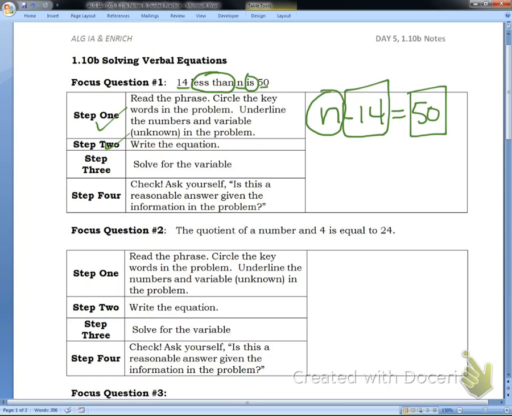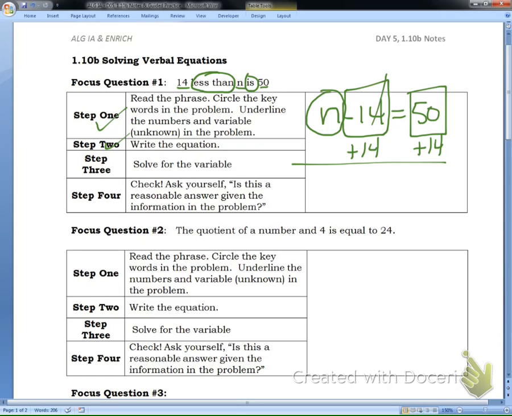If we cross those lines, remember you have to change the sign. So we need to add 14 to both sides of the equation. Then we can combine like terms.